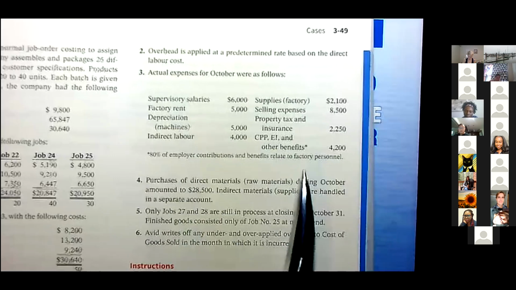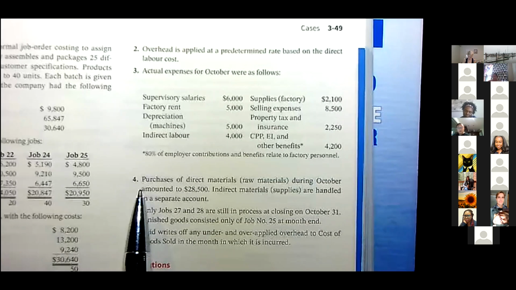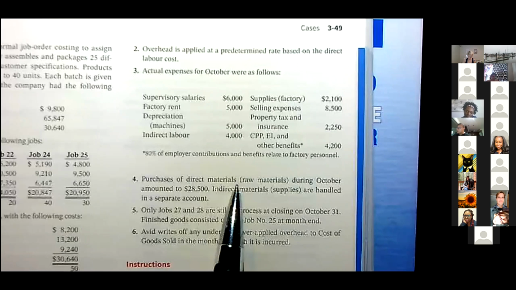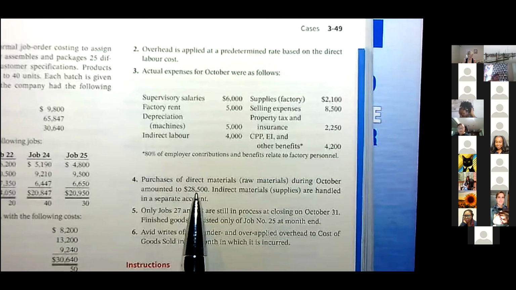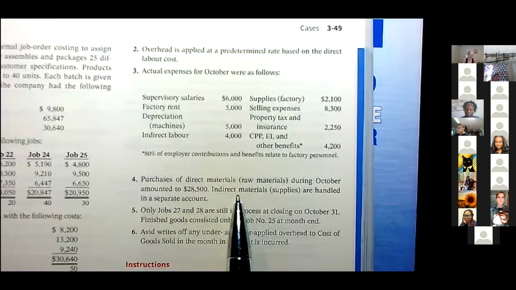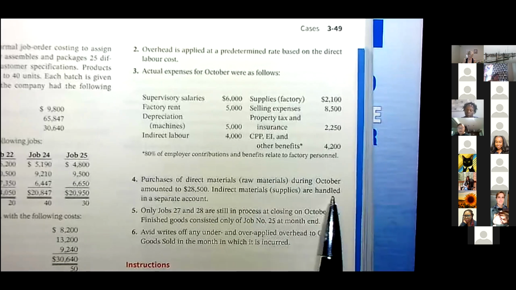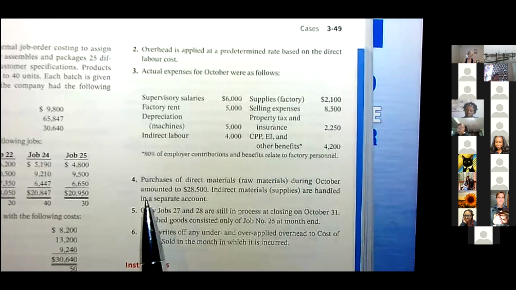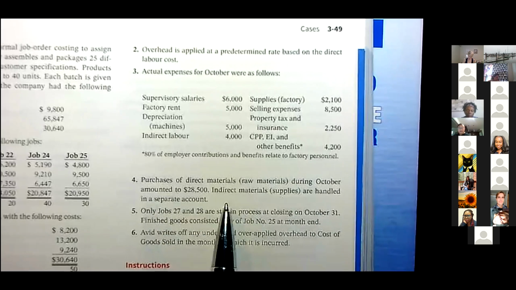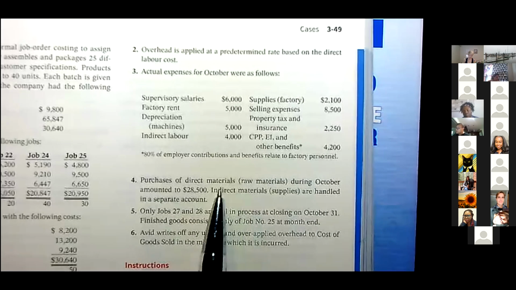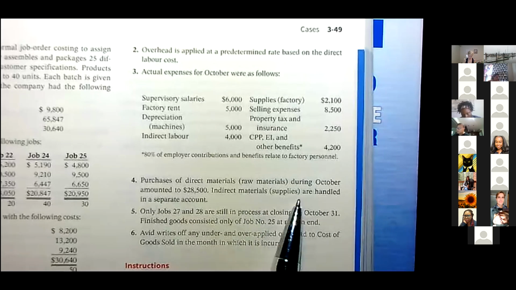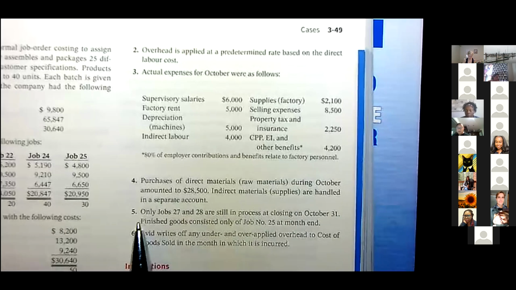And number 4, purchases of direct materials, raw materials, during October amounted to 28,500. Indirect materials, supplies, are handled in a separate account. So this company has 2 different accounts, one for direct materials and the other for indirect materials, the supplies.